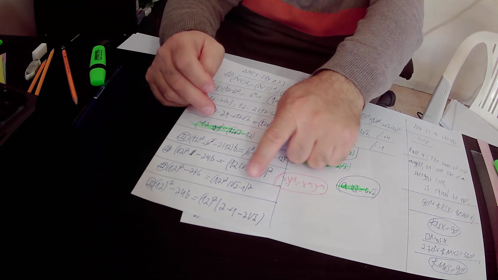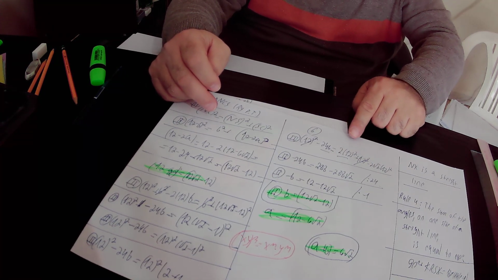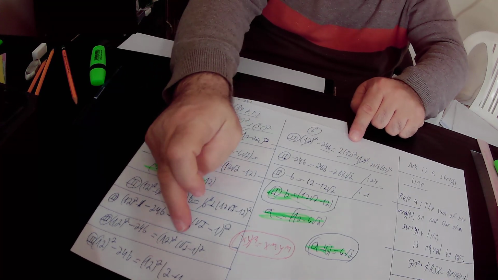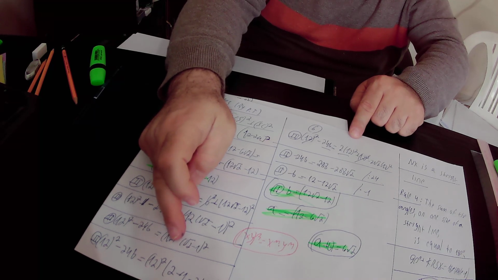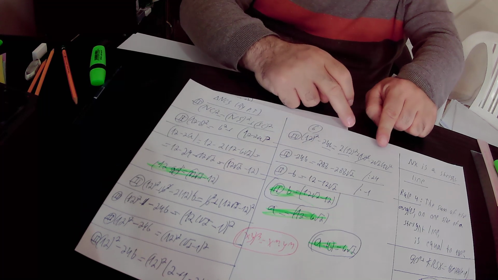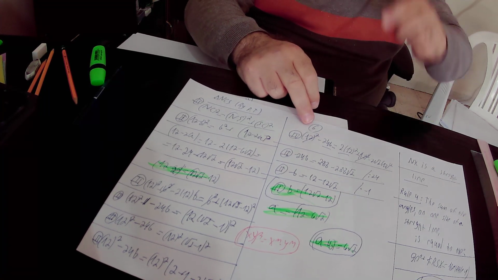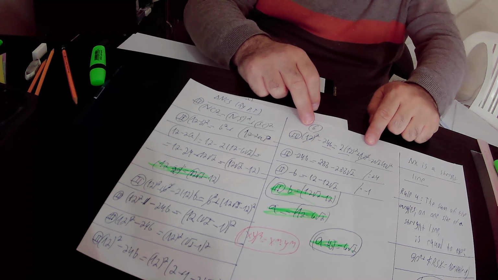Then we open the brackets here, and we got that 12 square minus 24b equals 2 times 12 square plus 1 times 12 square minus 2 times square root of 2 times 12 square. Here we have 12 square on both sides of the equation, so 12 square will get cancelled.